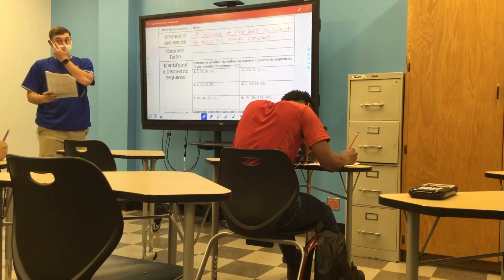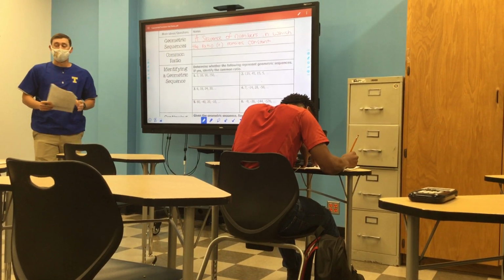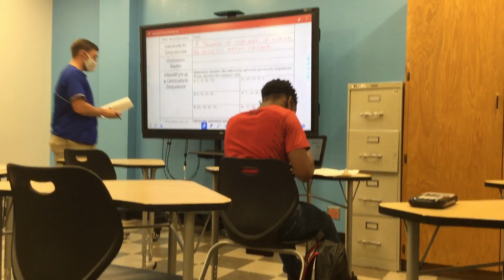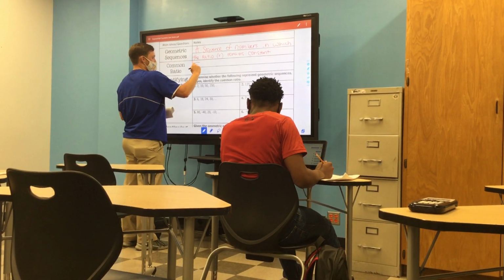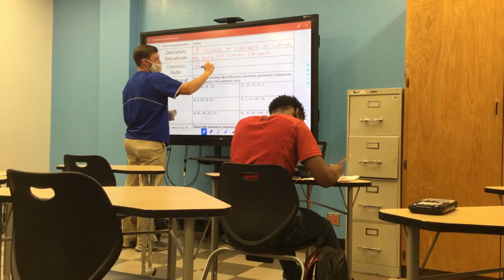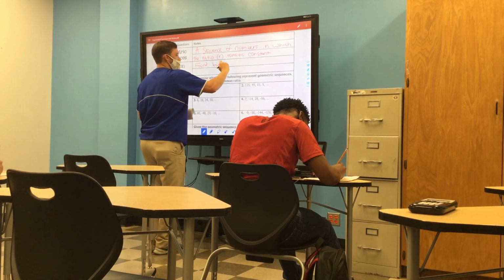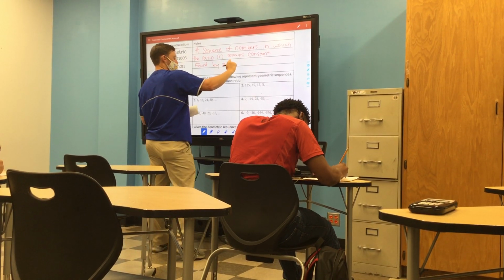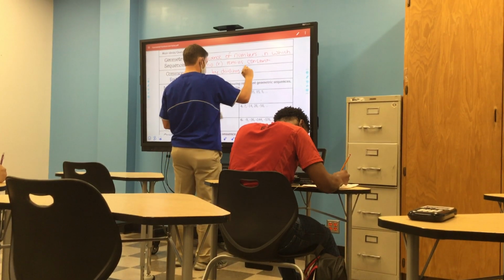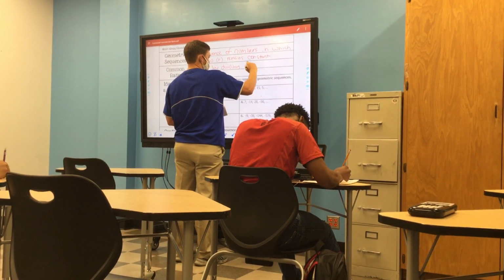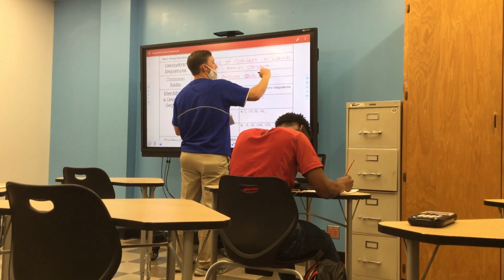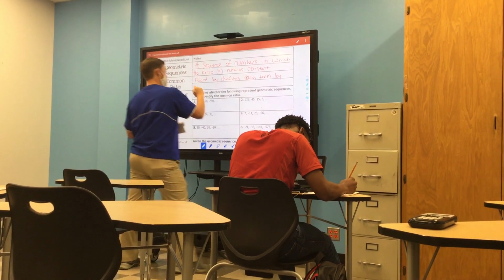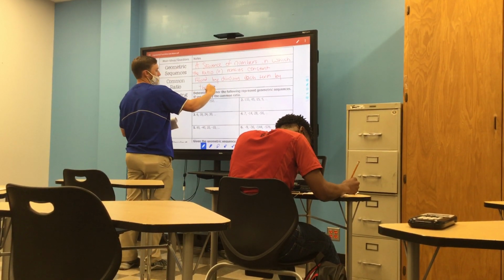Okay. That constant ratio, how you can find that constant ratio, this is found by dividing each term by the previous term.